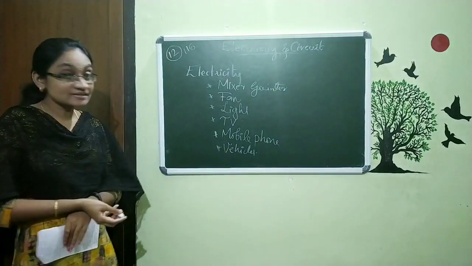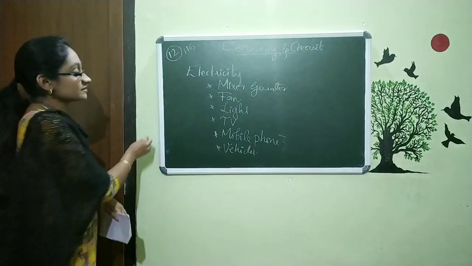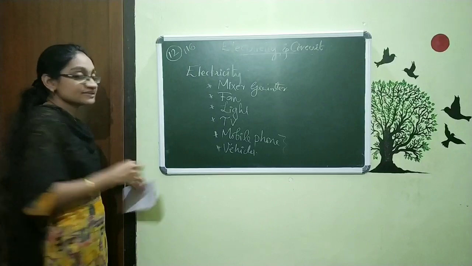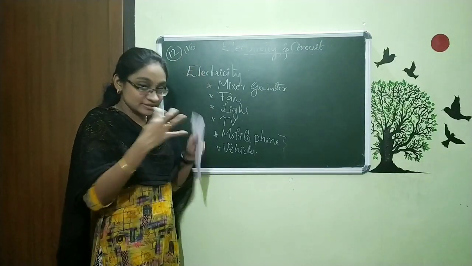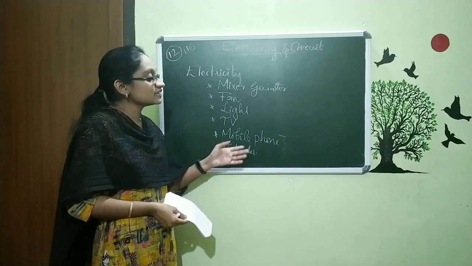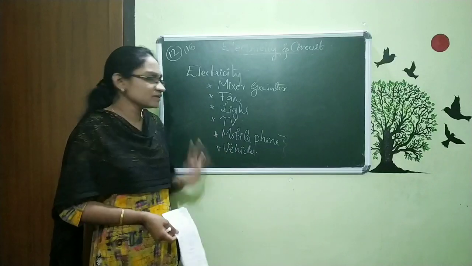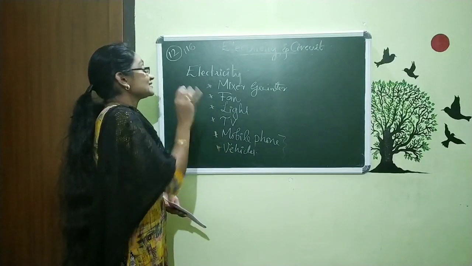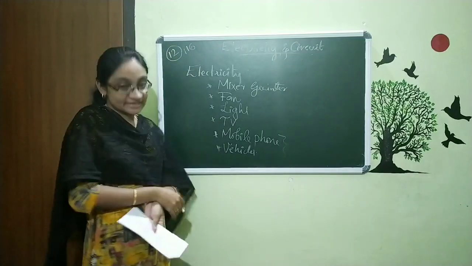The last two examples, the mobile phone and the vehicles, are not directly connected with electricity while working. We are just storing the electrical energy within some sort of batteries, and these mobile phones, vehicles and all are working. Laptop, all the things.